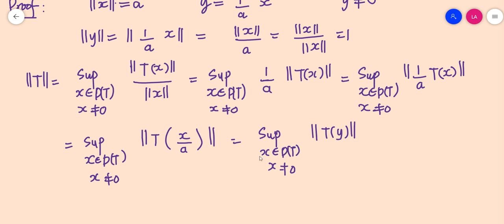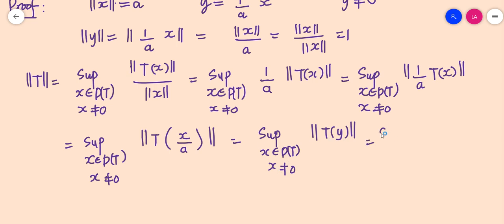Here we do not have any y. We have to take the supremum over x, but here the element is defined with respect to y, so we have to change this in terms of y as well. So y has the property that y is an element of D(T), y not equal to 0, and the third property is norm y is 1.